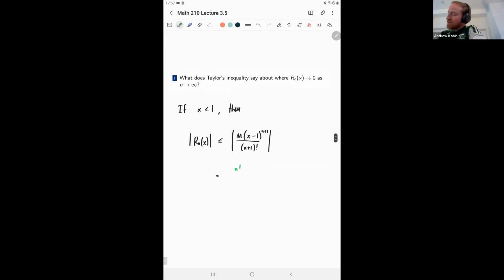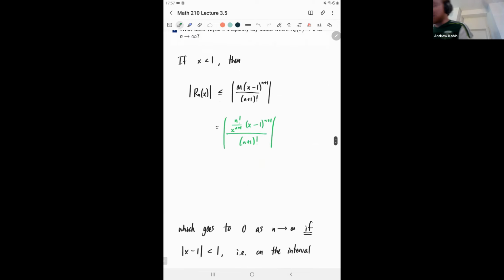So we're going to have n factorial over x to the n plus 1 times x minus 1 to the n plus 1 over n plus 1 factorial. And just like I do with the ratio test, I'm going to group like terms here. You'll see I'm going to also do things a little bit faster, but you should write out every step if you haven't practiced this too much.